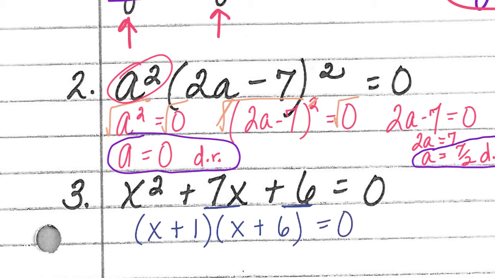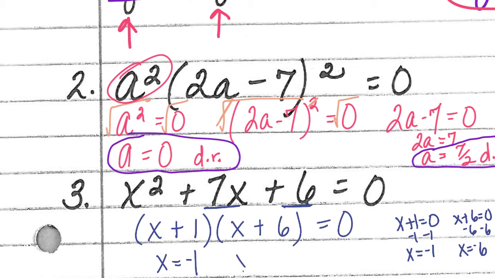Now, at this point, I teach my students a little trick, because notice if I had x plus 1 equals 0, I'm just going to subtract 1, and we get -1. So notice x would equal -1 over here. And if I have x plus 6 equals 0, when I subtract 6, I get -6. So I get -6 over here.